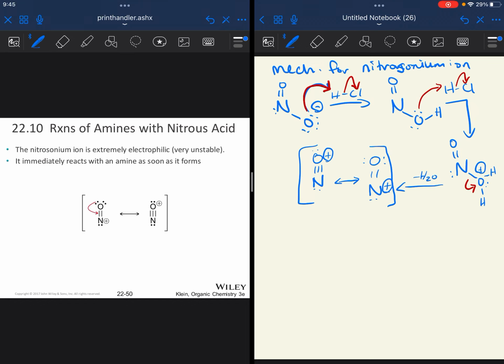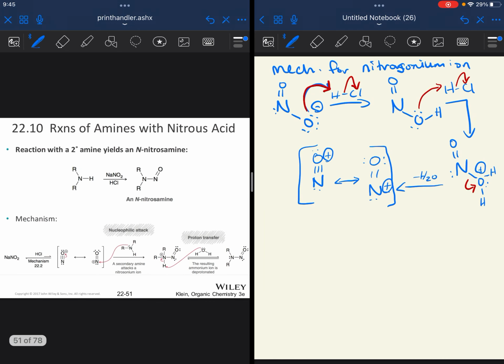When you guys did this in lab, you put the nitrite and the HCl in one test tube, and you put it on ice because it is very, very reactive. You want to slow it down just a little bit, and then you could put your amine. You used either metanilic or sulfanilic acid. But for that amine, I'm just going to use aniline because that is what we are going to be focusing on later in the chapter.